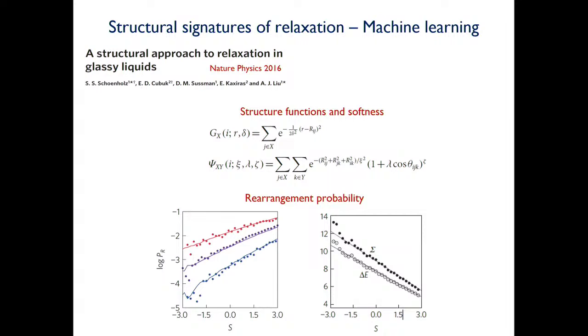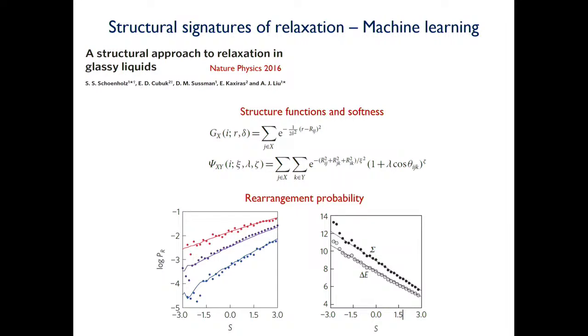Based on the structure functions, they calculated a softness field. The softness field tells you the regions in the material where the rearrangements can occur very easily. Essentially, you can think that if a region is soft, it is more susceptible to rearrangements. So that's the kind of quantity they came up with. It's a structural measure based on these structure functions.